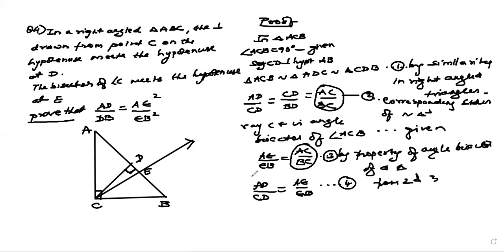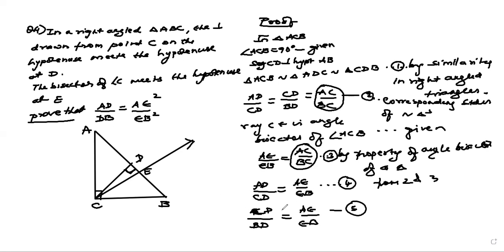And also CD upon BD is equal to AE upon EB. Statement number 5. Now I wanted AE square upon EB square. If I multiply statements 4 and 5, the right hand side gives AE square upon EB square. On the left hand side, AD upon CD into CD upon BD, CD can get cancelled and you get your answer.